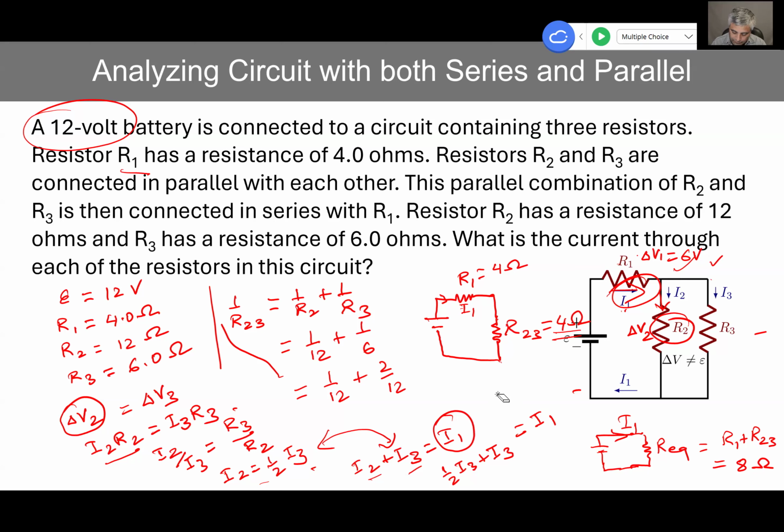I1 is known. So this means what? 2 plus 1, 3 over 2 I3 is I1. So I3 is 2/3 of I1.